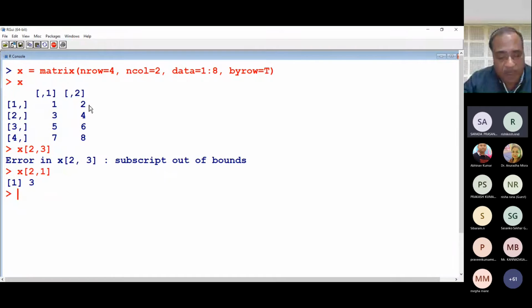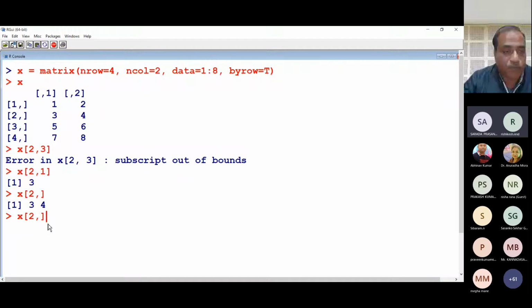The rule I'm telling you is very simple. Write the name of the data object you have created, and then whatever row or column you want, you give it like this. So suppose I give 2, comma, like this. We'll get the values in the second row.